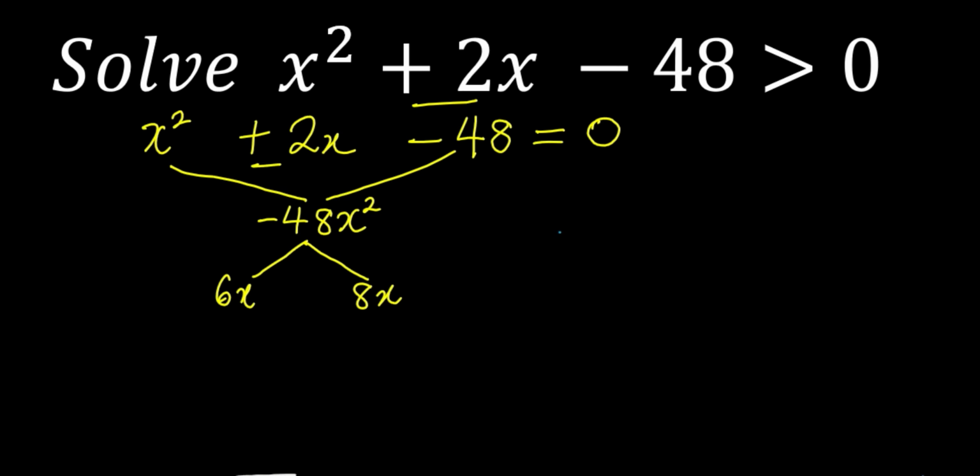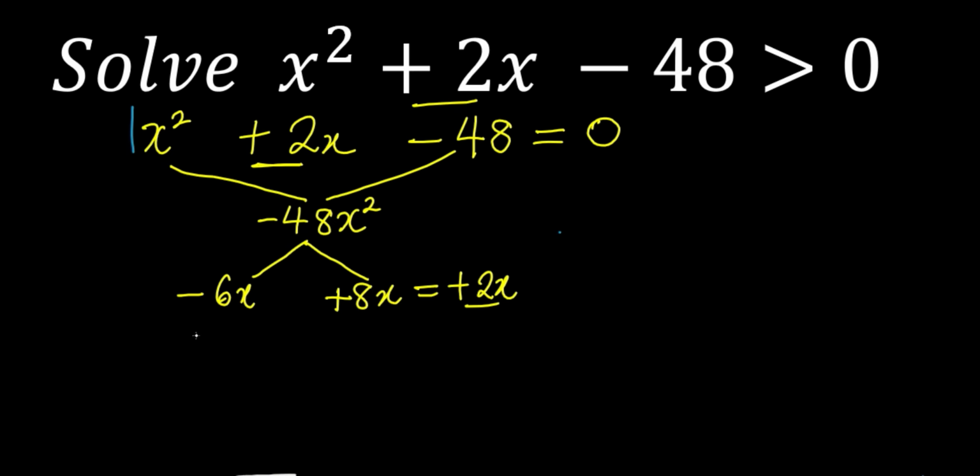To get plus 2, we have to have plus 8x and minus 6x. At the end of the day, that gives us plus 2x, which is the one in the middle. If you multiply them together, it gives us minus 48x squared.